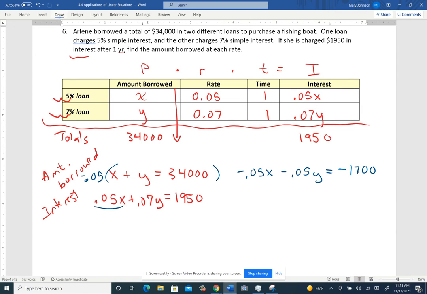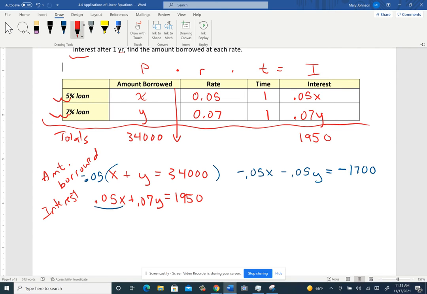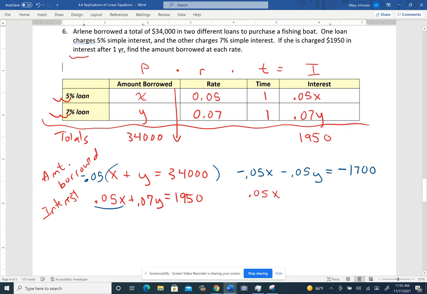Then I'm just going to bring the other equation over as is, and I had adjusted the first equation, so when I add these two, the x is going to cancel out. So I'm going to get 0.02y, because a negative 0.05 and a positive 0.07 will be 0.02.